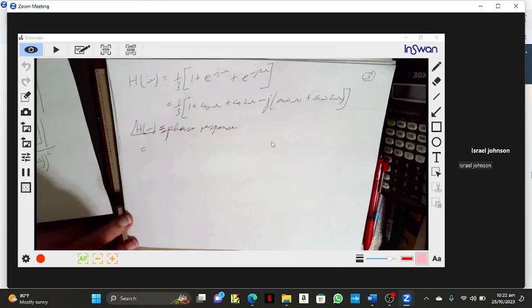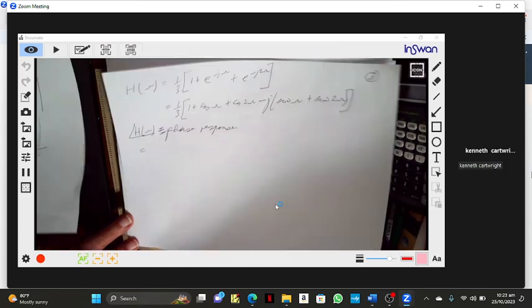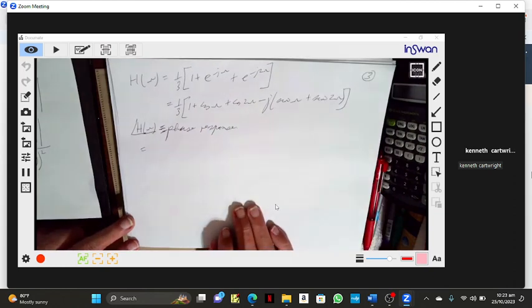Now, angle of the top minus angle of the bottom. What's the top and what's the bottom? The top would be the imaginary part and the bottom would be the real part. That's complete nonsense.